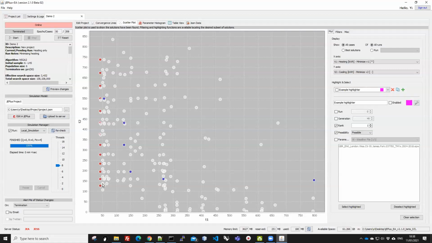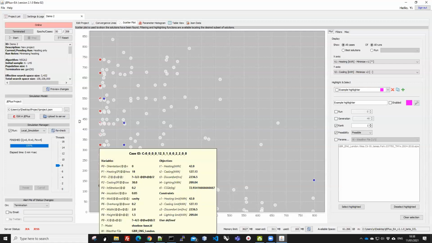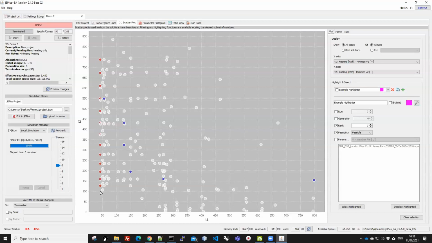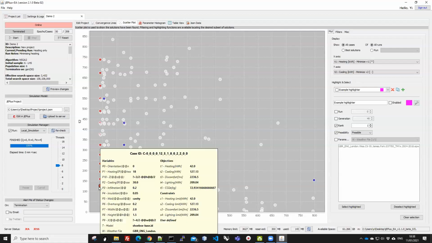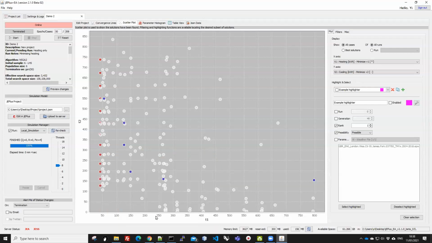So all these red points achieve the same lowest heating consumption. And among those, this point gives you the lowest cooling as well, right? But this one isn't a solution that gives you the lowest annual consumption considering all the possible solutions.